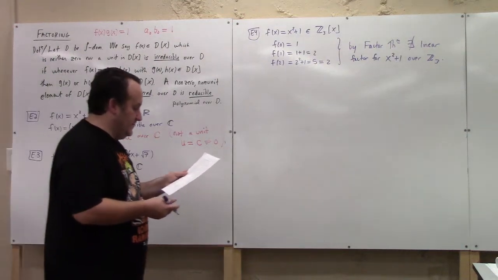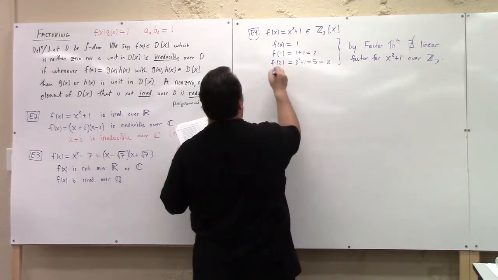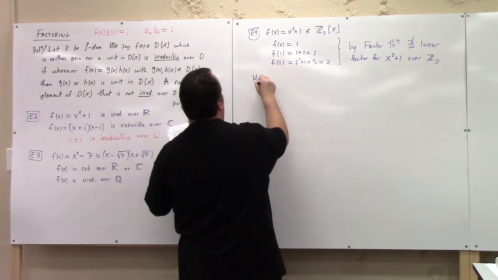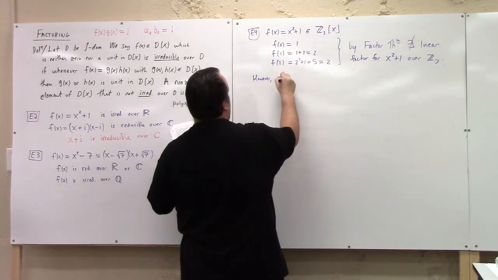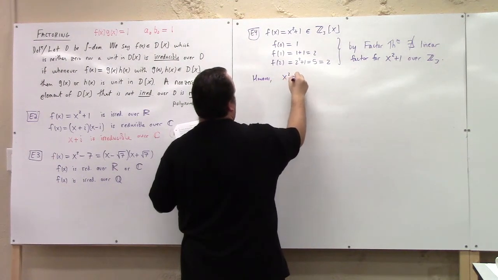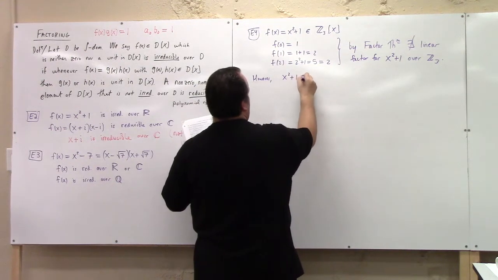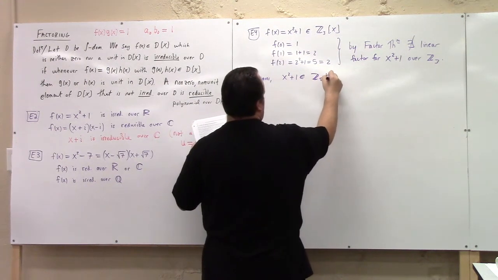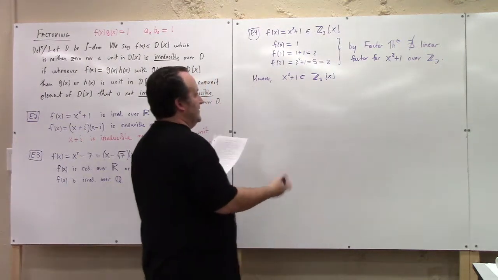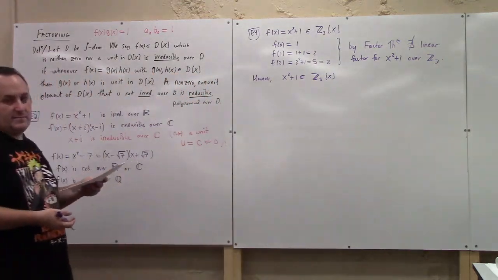What about, on the other hand, if we look at x squared plus 1 as an element of Z5[x]? Is it still irreducible?